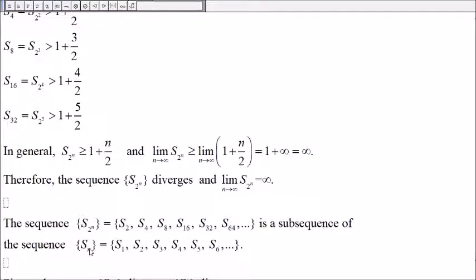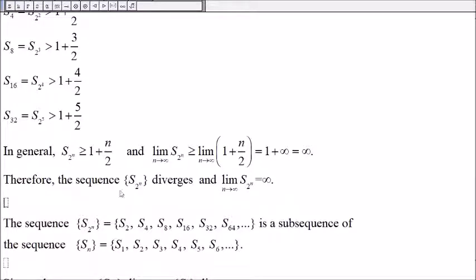And the sequence s sub n is just the regular sequence of partial sums. And we have a theorem that says if a sequence converges, then all subsequences have to converge to the same value. And the contrapositive of that says that if some subsequence diverges, then the original sequence also diverges.